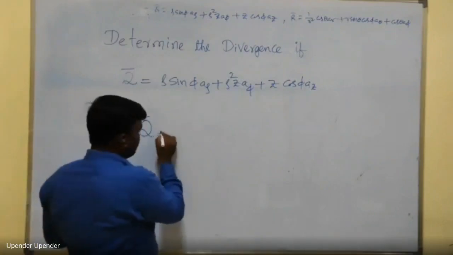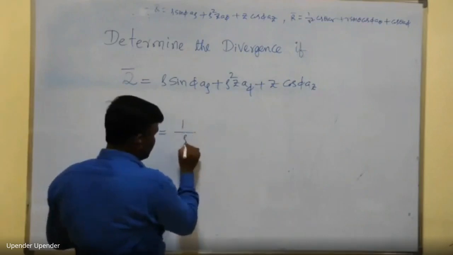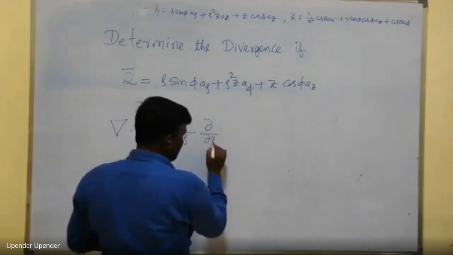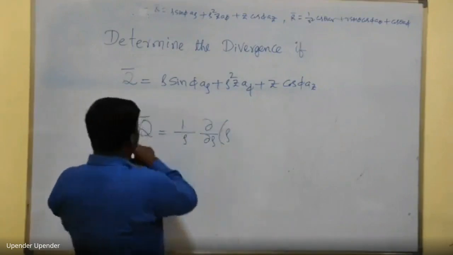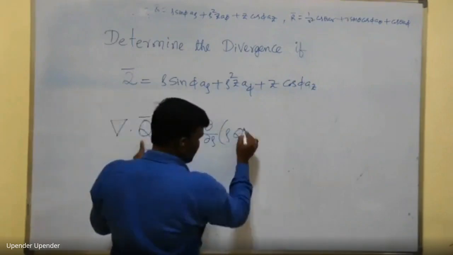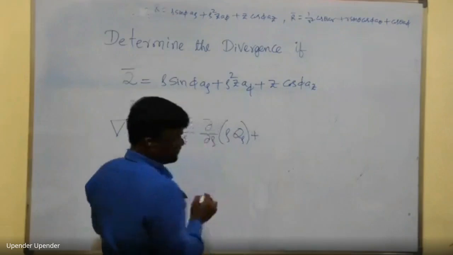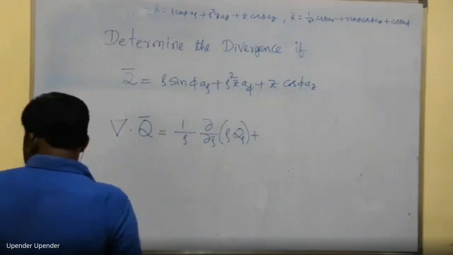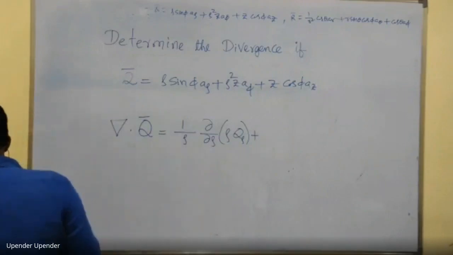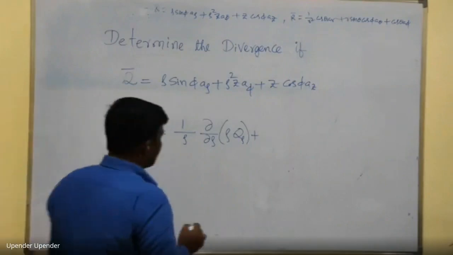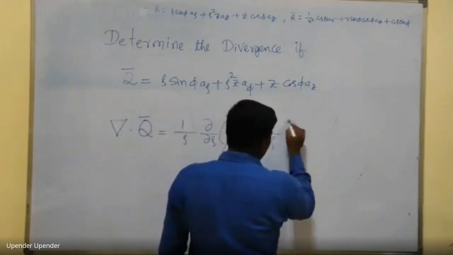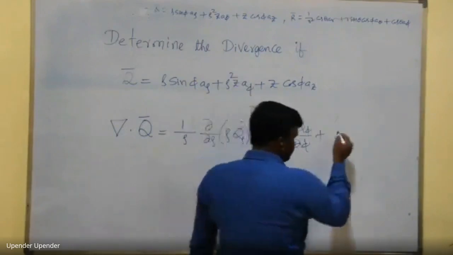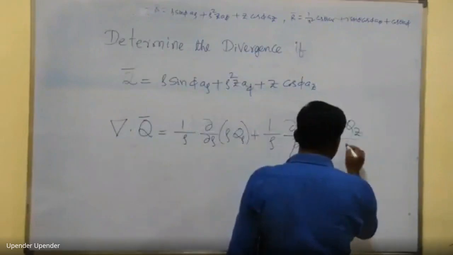The formula is 1 by rho, dou by dou rho of rho into a rho, but here the vector is Q, so I am writing Q rho, plus 1 by rho dou Q phi by dou phi, plus dou Qz by dou z.